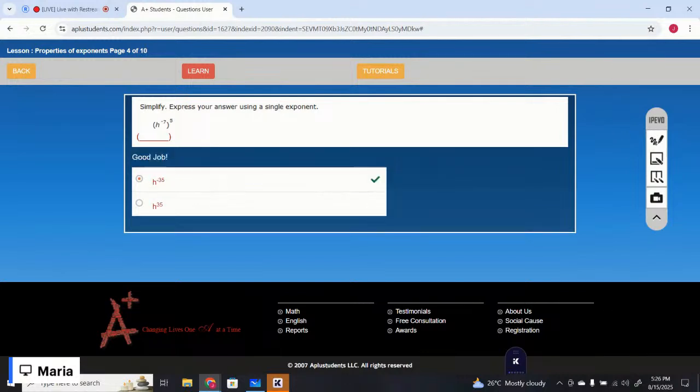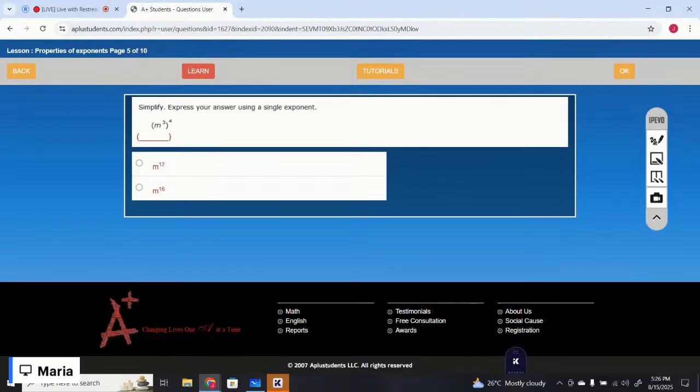Option number 1 is the correct option. Okay, simplify m exponent 3 exponent 4. So which is the correct option? That is m exponent 12. Option number 1 is the correct option.